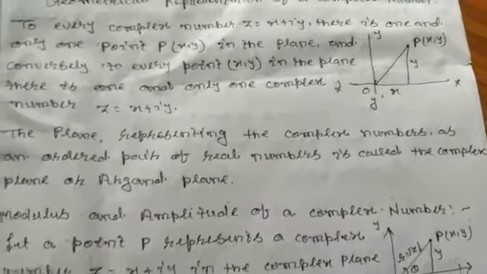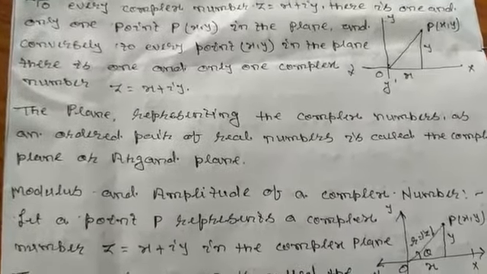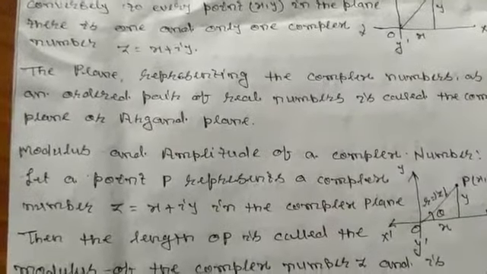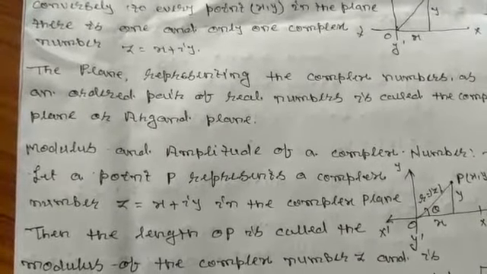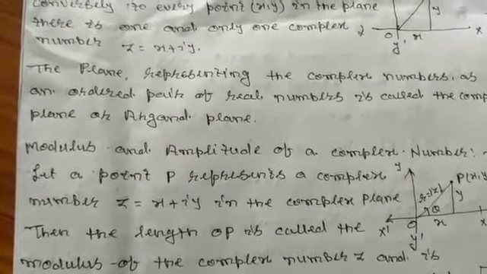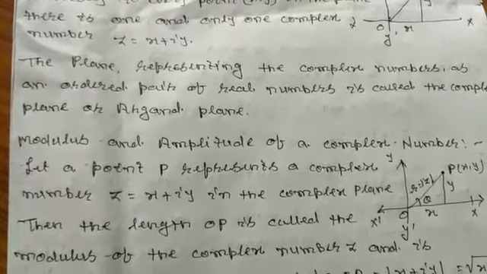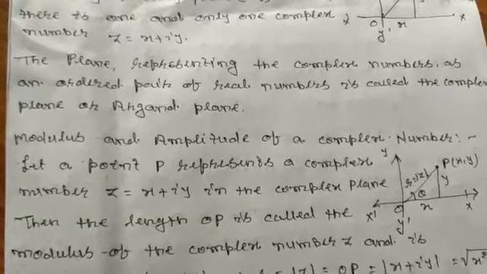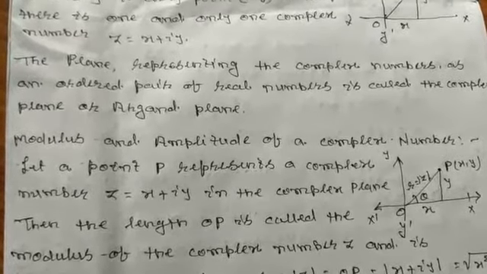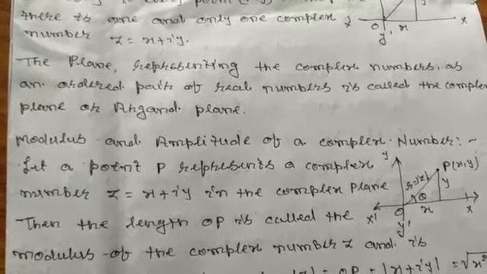Now the next thing we need to know is what the modulus and amplitude of a complex number are. This is a new term related to complex numbers: modulus and amplitude. What do we mean by it?